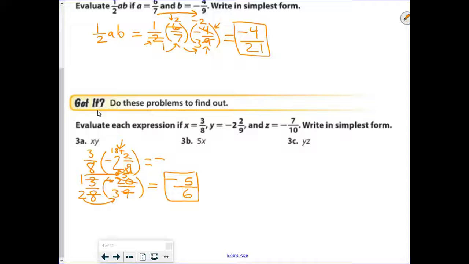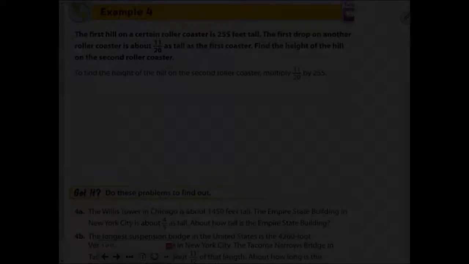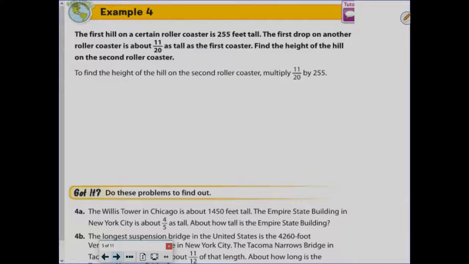Why don't you try 3b and 3c on your own? Finally, when we get to example 4, it says the first hill on a certain roller coaster is 255 feet tall. The first drop on another roller coaster is about 11/20 as tall as the first roller coaster.